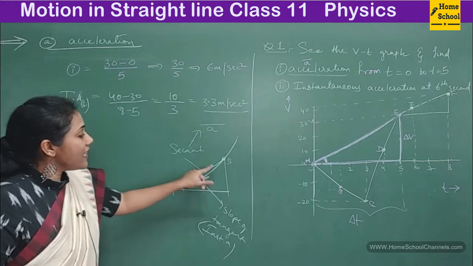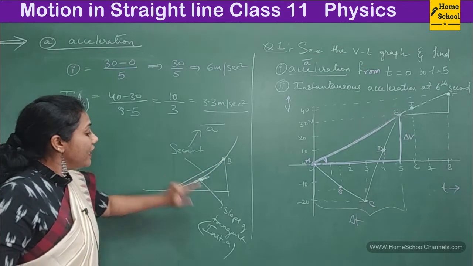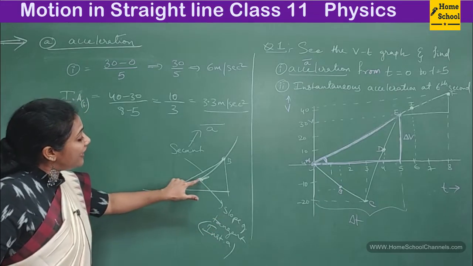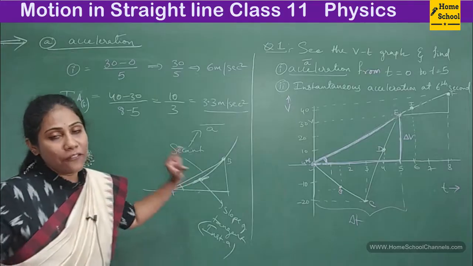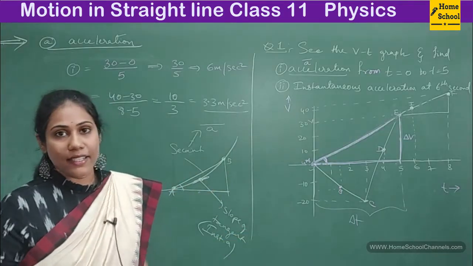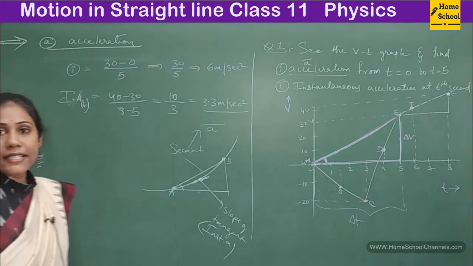So average acceleration you find by finding the slope of the secant. Instantaneous acceleration you find by drawing a tangent at the point where you have to find it. Okay, so this is really very important to understand.